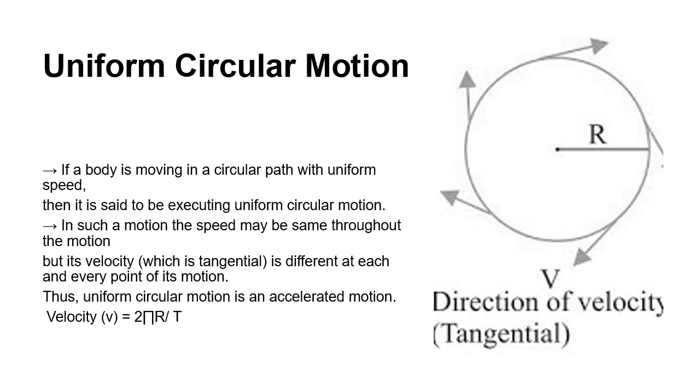This is your last topic in this lesson, uniform circular motion. If a body is moving in a circular path with uniform speed, then it is said to be in uniform circular motion. In such motion, the speed may be the same throughout the motion, but its velocity is different at each and every point of its motion. Let's see this with an example.